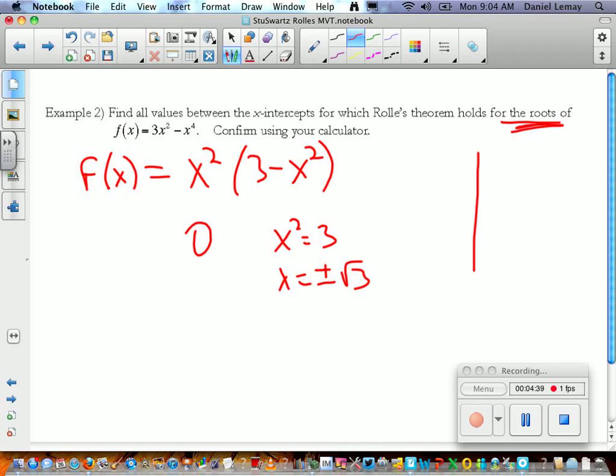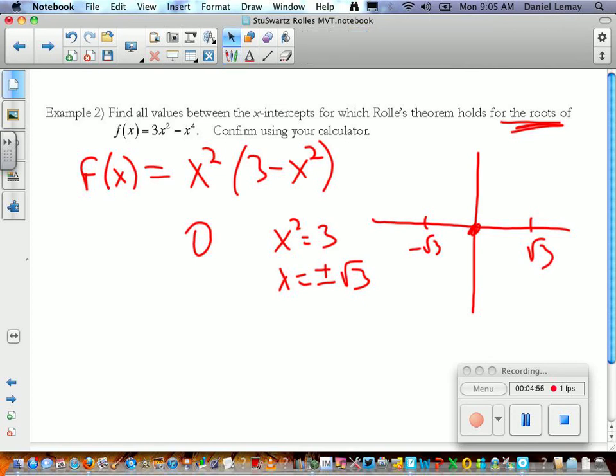So I know that this graph crosses at 0, 0. I know it crosses at negative square root of 3. I know it crosses at positive square root of 3. I also know that since this is a 4th degree equation, it's like a parabola.